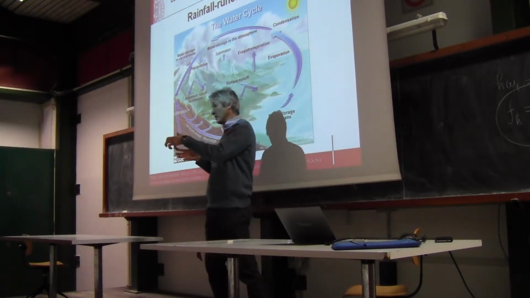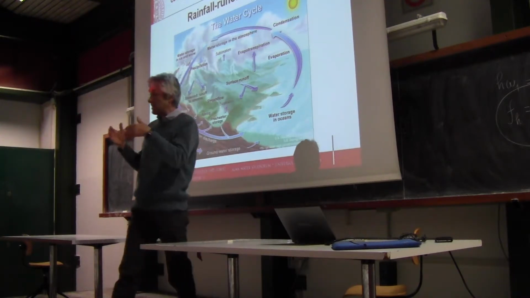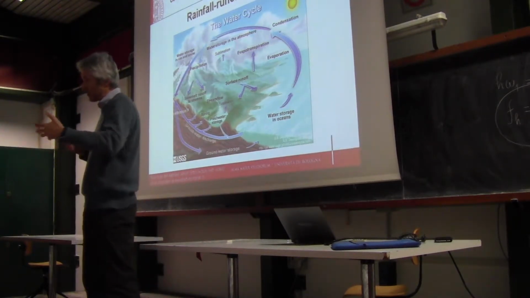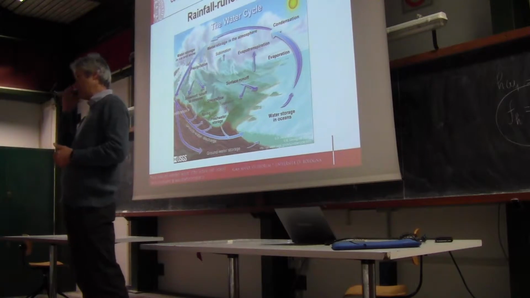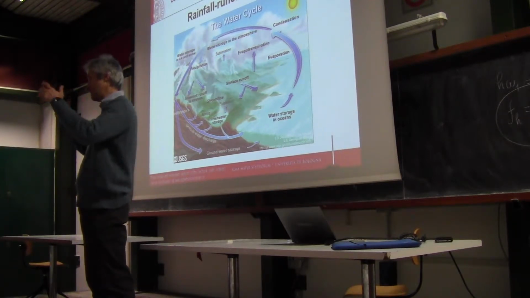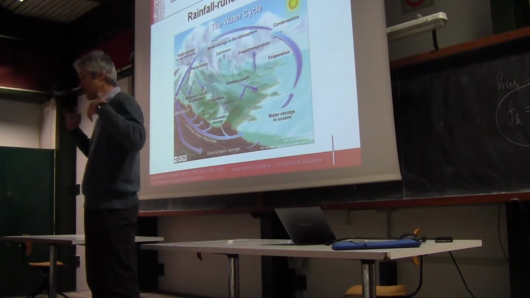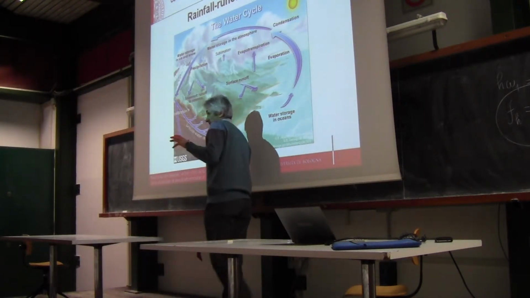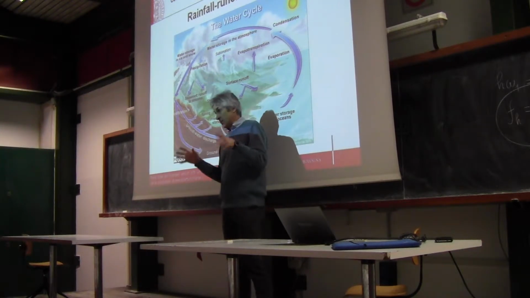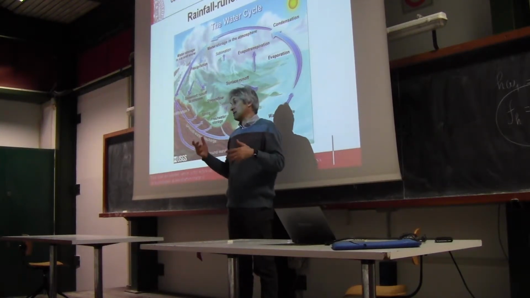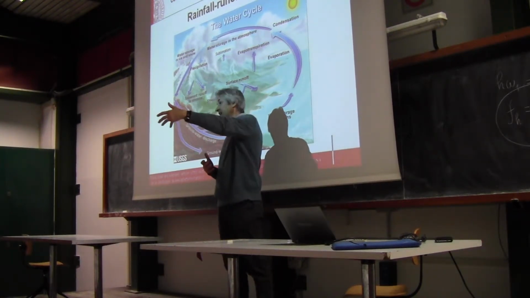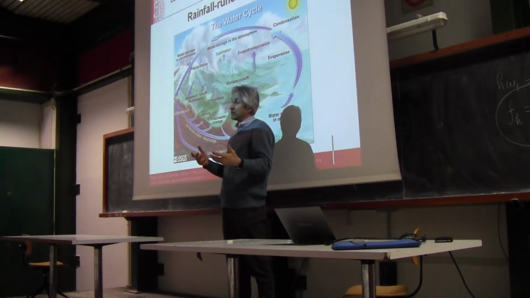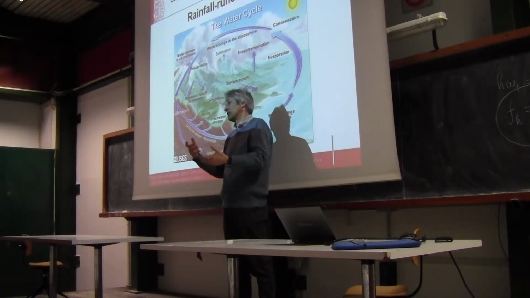If it falls in the form of snow, the process may be delayed. So snow is first accumulated, and when the temperature increases, then you have snow melt and then the surface runoff. If there is infiltration and water doesn't eventually come again to the surface, then this infiltration recharges the aquifers.